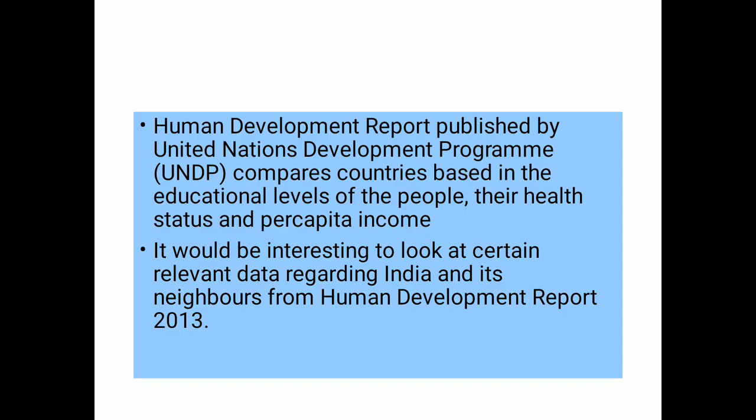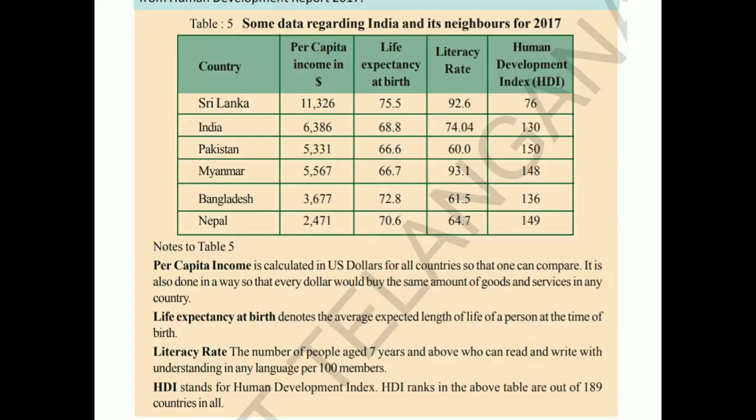It would be interesting to look at certain relevant data regarding India and its neighbors from the Human Development Report 2013. Now let us see that table. In this table you can see Sri Lanka, India, Pakistan, Myanmar, Bangladesh and Nepal. We have taken these 6 countries.